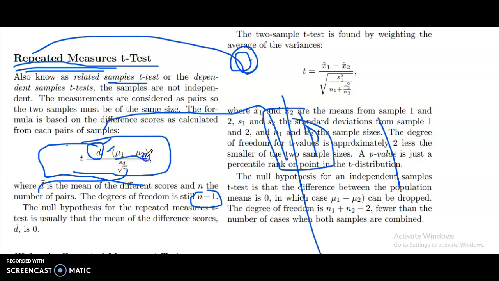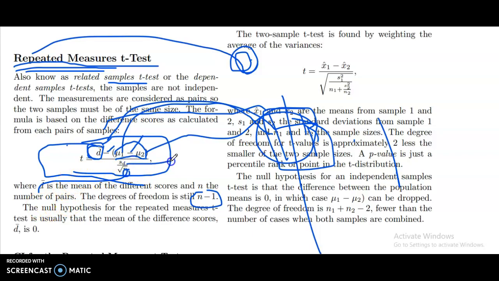First we have to subtract mu1 minus mu2, that is mu1 from one sample and mu2 from the other sample, and then deduct that from d bar. D bar is the mean of the difference scores. And n is the number of pairs.